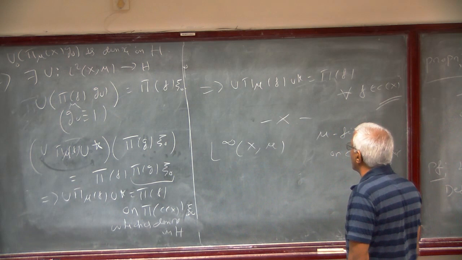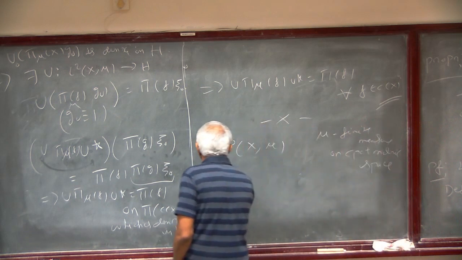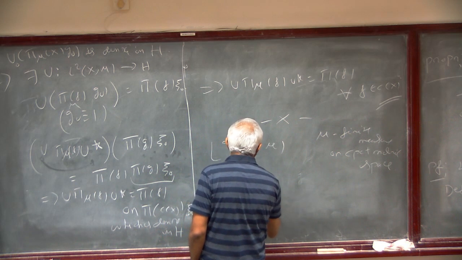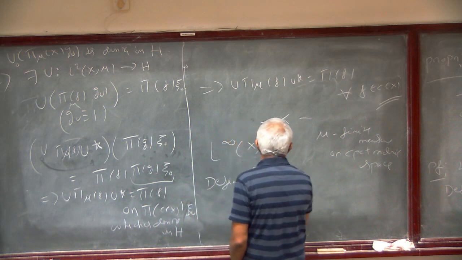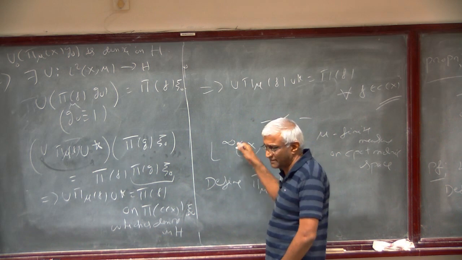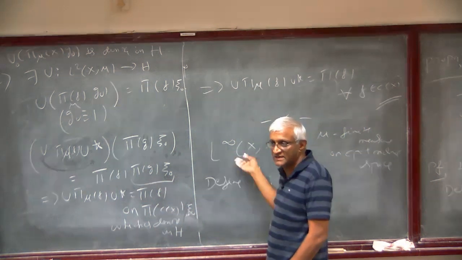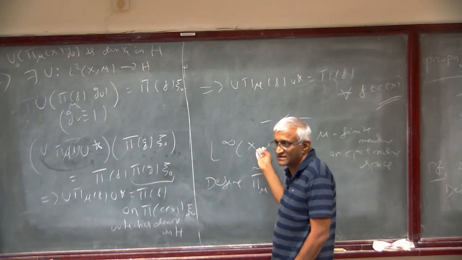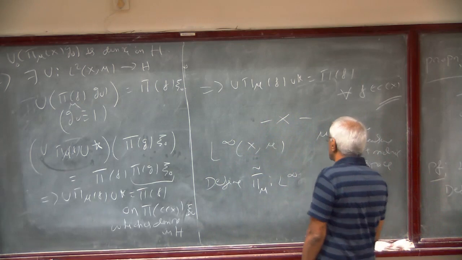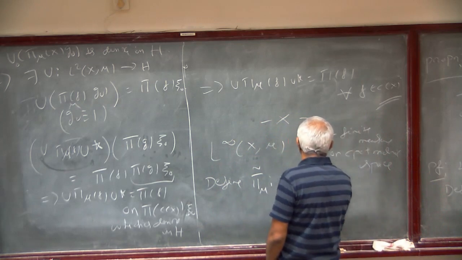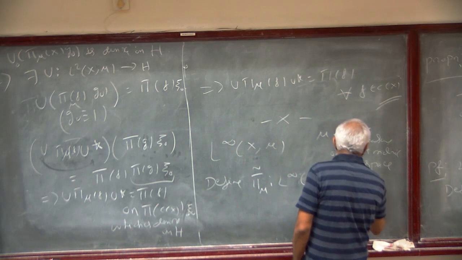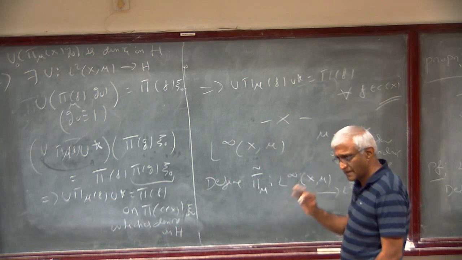Now you define, go through one by one, pi mu tilde from L infinity. This is also a C-star algebra, with the bar, and it satisfies the C-star identity. For f and g, it is just the basic property of infimum and supremum. So you define pi mu of L2 of x mu to L2 of x mu, the same L2 of x mu, the same representation.